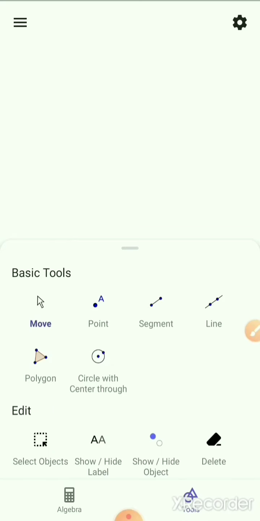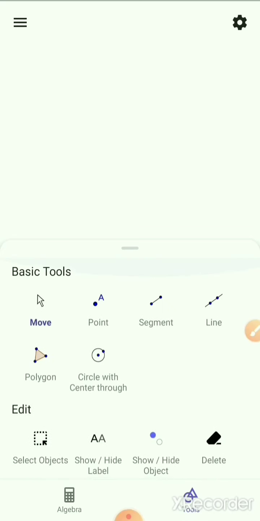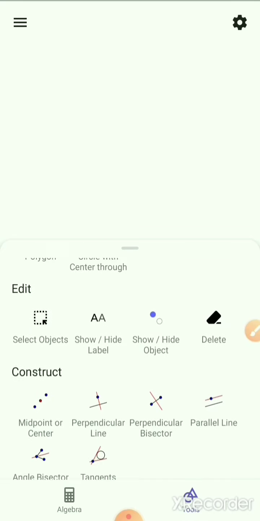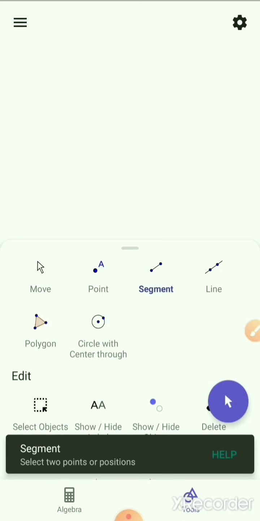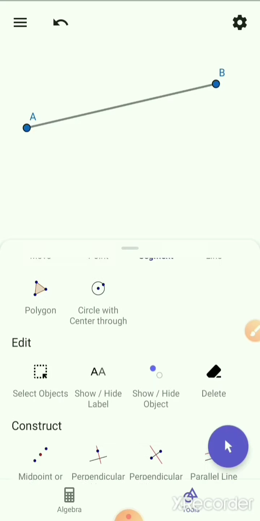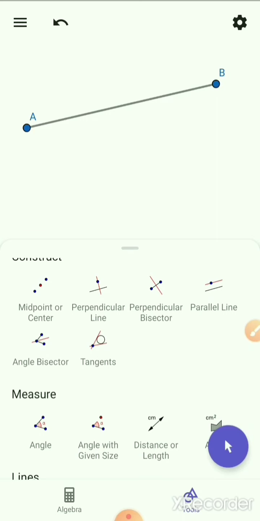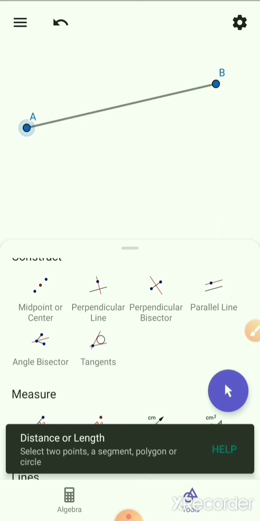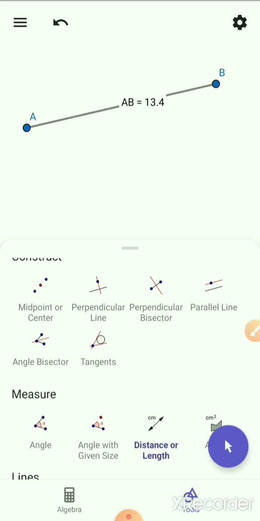First I'll start with a segment. Suppose I draw a segment, the name of the segment is AB. Let's measure the length of AB. The measurement of AB is 13.4 centimeter.